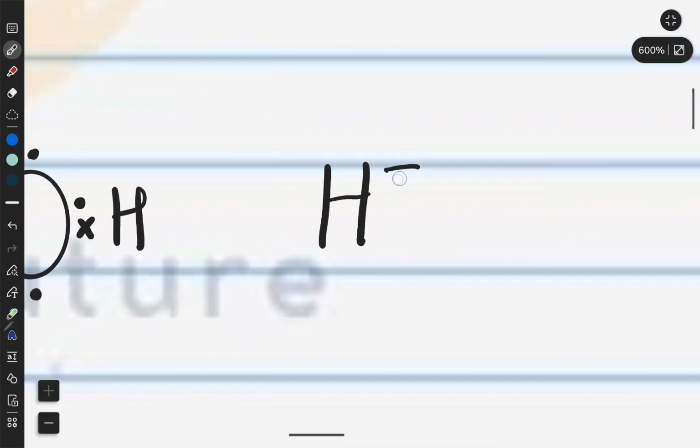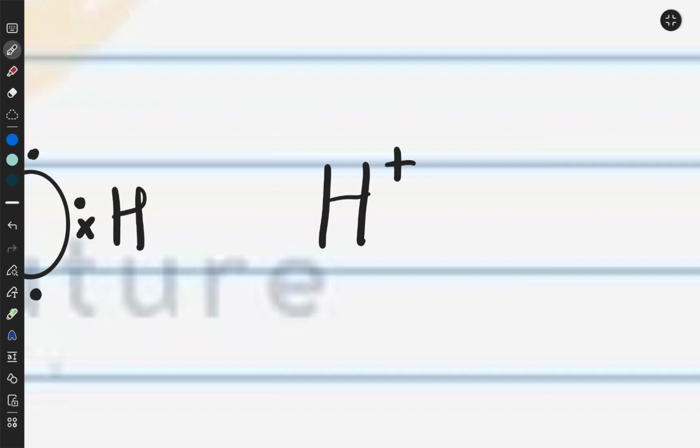But now what happens when hydrogen comes as H plus and it has nothing to share? Remember, since it's H plus, it means it has an excess of protons, an excess of 1. It lost 1 electron and now it has more protons than electrons, but the difference is just 1.